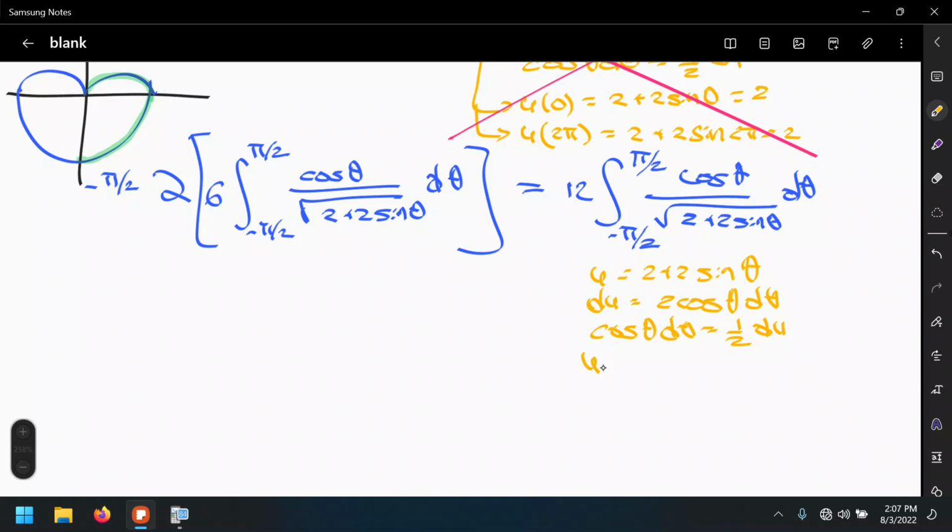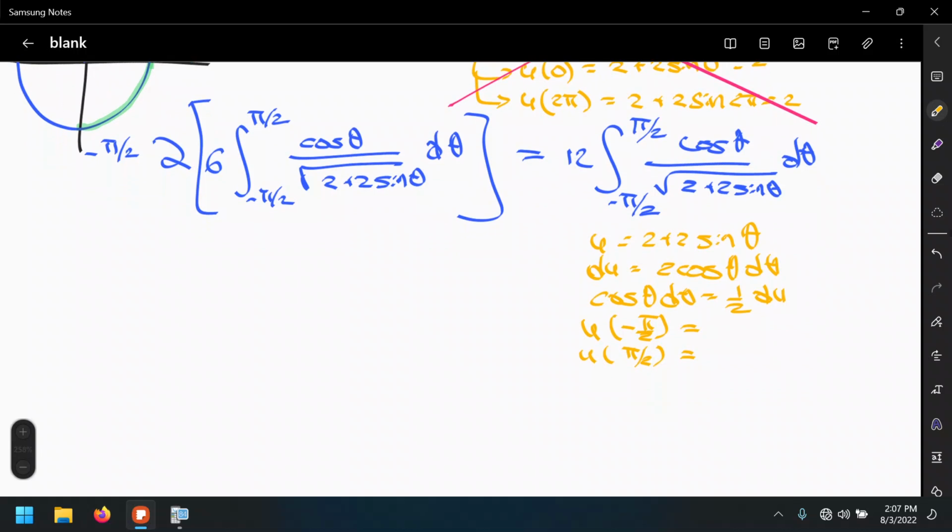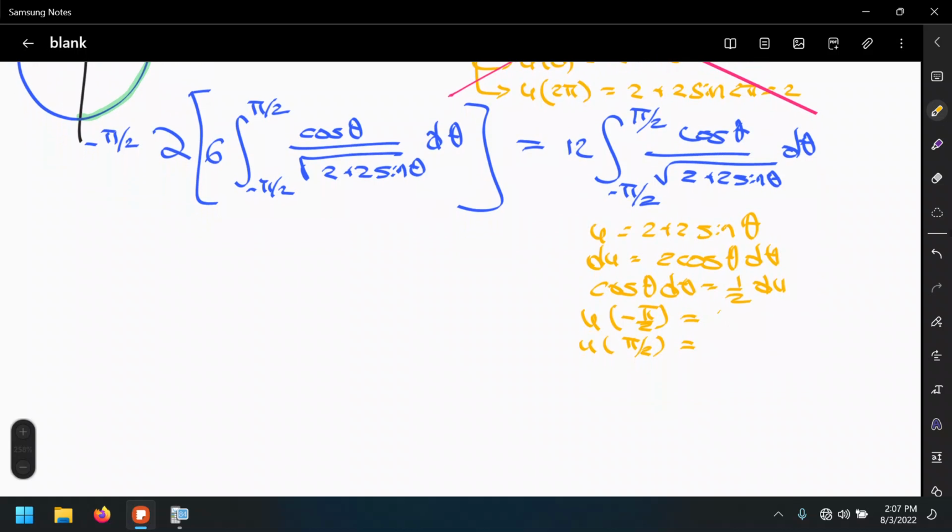And now let's change the limits. U of negative pi over 2 and u of pi over 2.